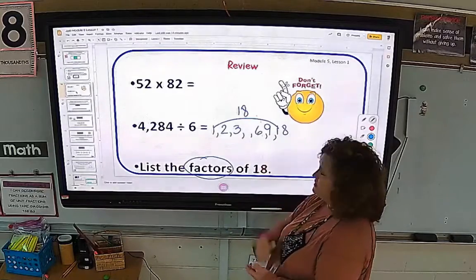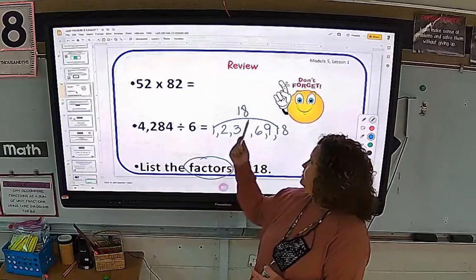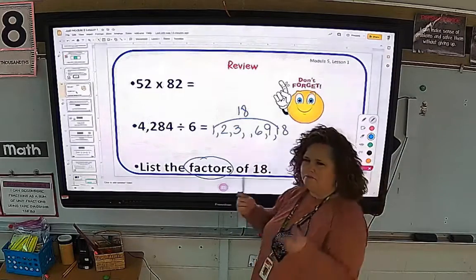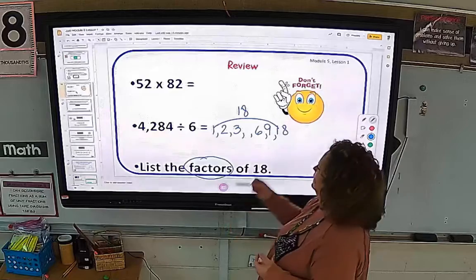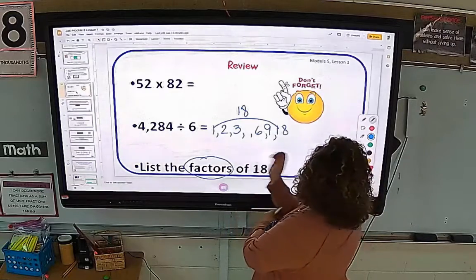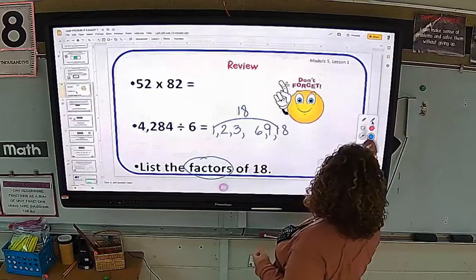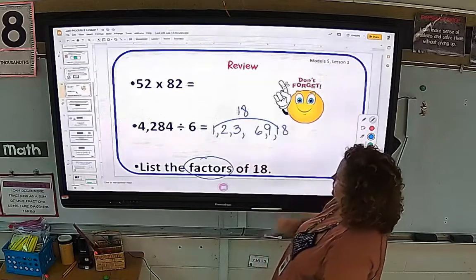So 5 is not going to work with 18 because this number doesn't end in a 0 or a 5. So, all those little tricks that we've talked about and worked on. So I'm going to get rid of that comma right there. And there is our list of factors for 18.